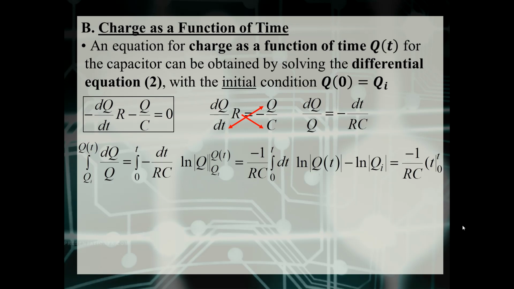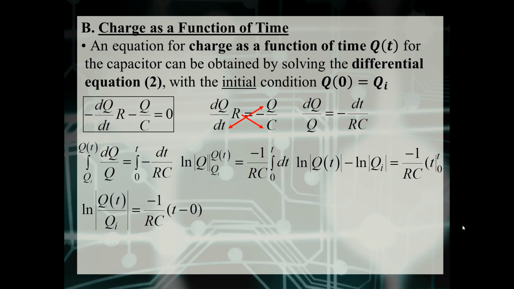If you have a difference in natural logarithms, and again, a natural logarithm is just a log that has a base of Euler's number e, we can write a difference of logs as a quotient. So the left-hand side can be written as ln of q of t over Qi, equal to negative 1 over RC times t minus 0.